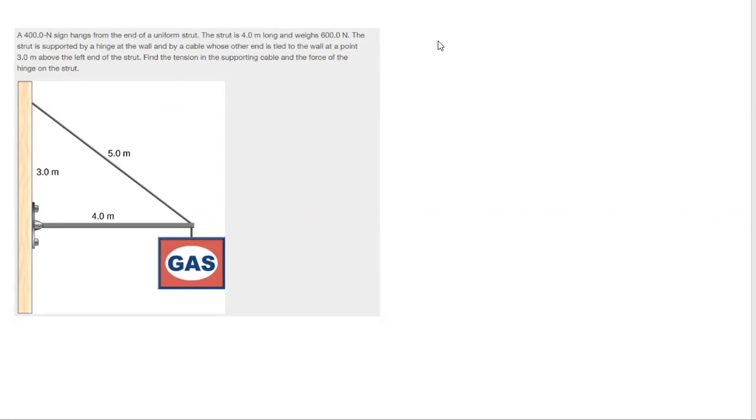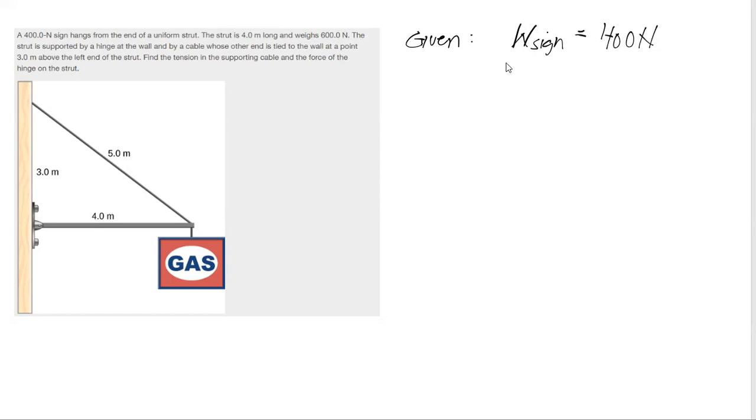So, this is an equilibrium problem. This uses concepts that you can find from lecture 25. As with any problem, we can simply start off with listing our given parameters. What we know: the weight of the sign, which is 400 newtons.